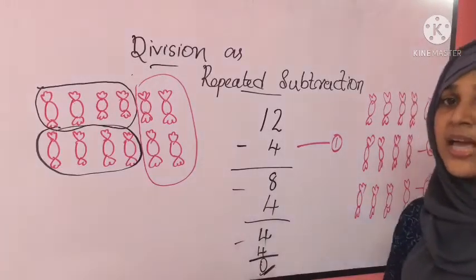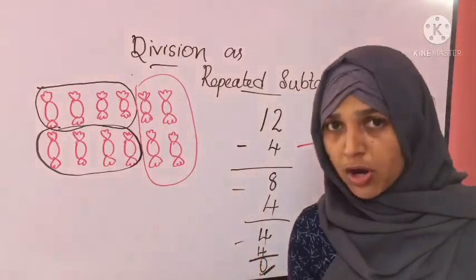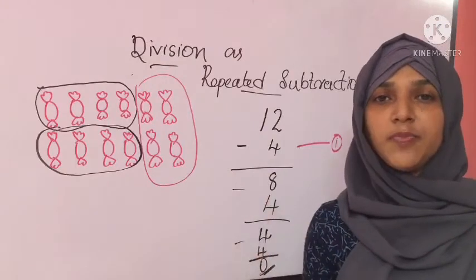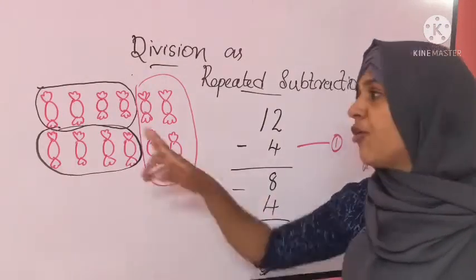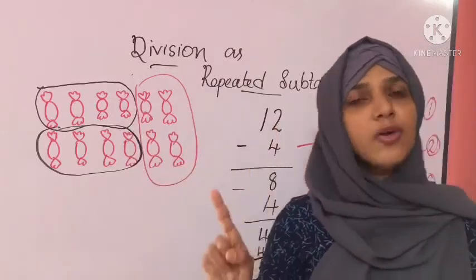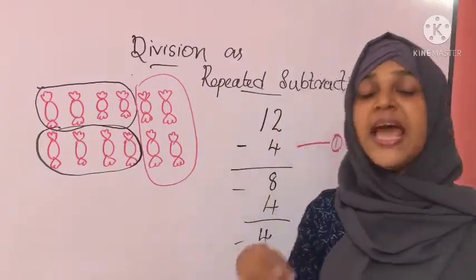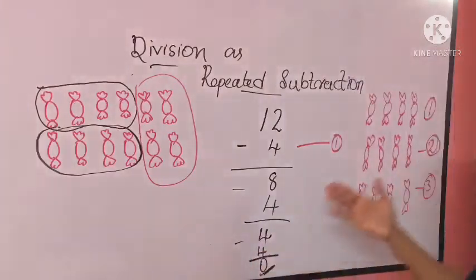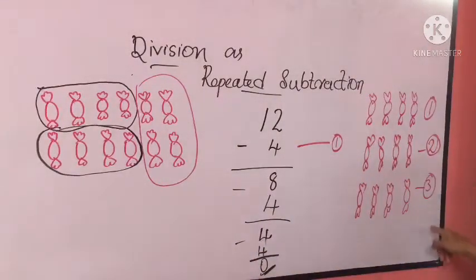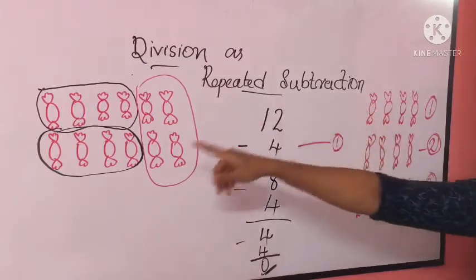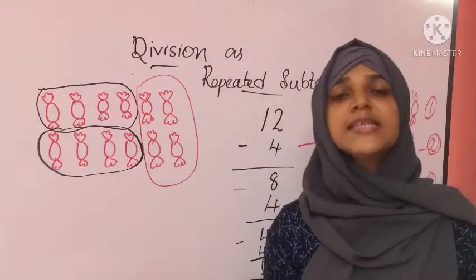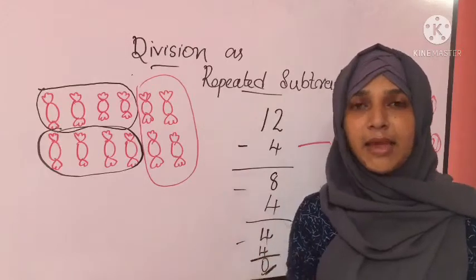So dear students, I had 12 chocolates and I divided them into different groups of 4 each. In one group, I want 4 chocolates. And how many groups did we make? 1, 2, 3. We could make 3 groups out of these 12 chocolates. So this is called repeated subtraction.